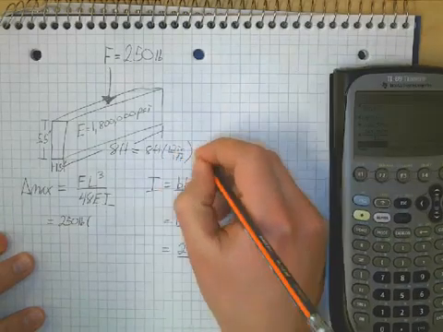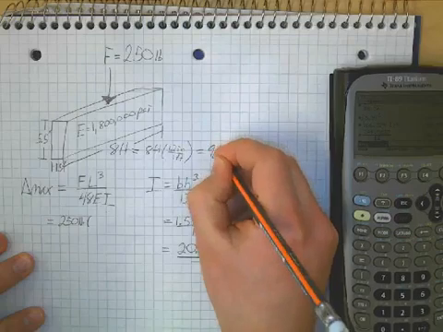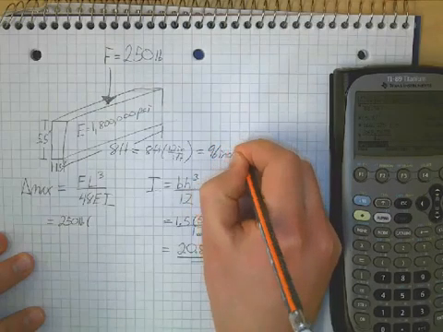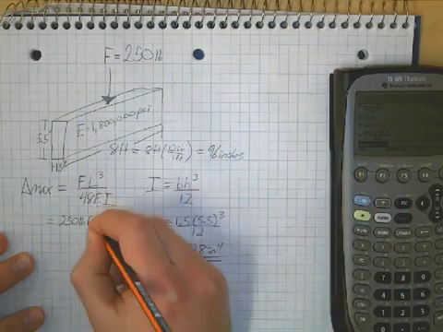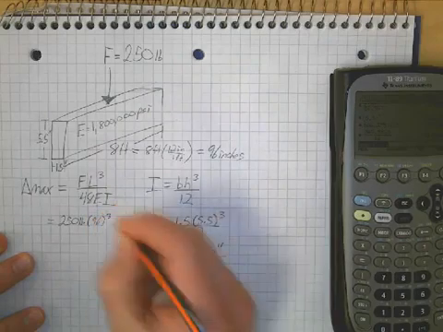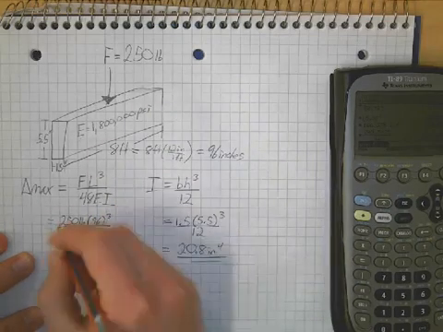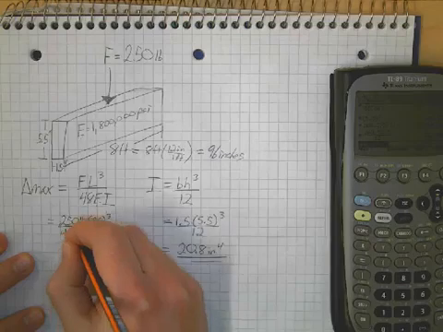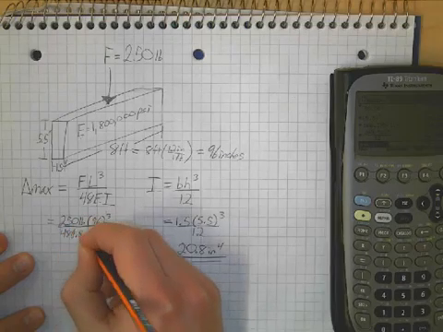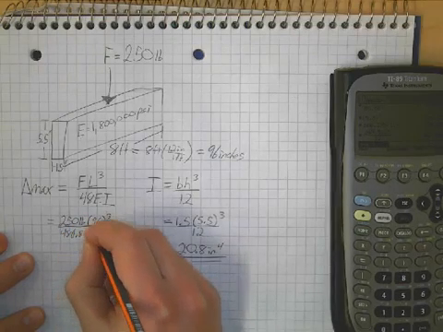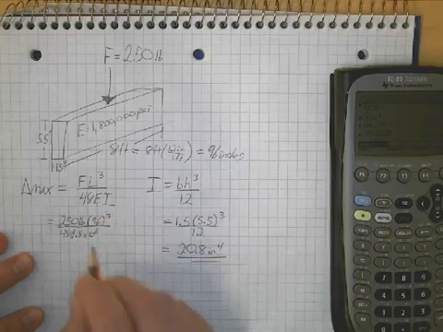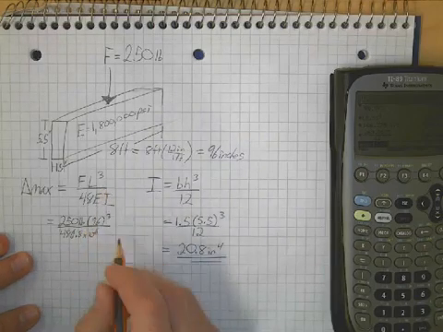If I do that, I get 96 inches. So I'll take 250 times 96, and that has to be cubed, divided by 48 times 1.8 times 10 to the 6th. I'm going to use scientific notation there rather than writing everything out.